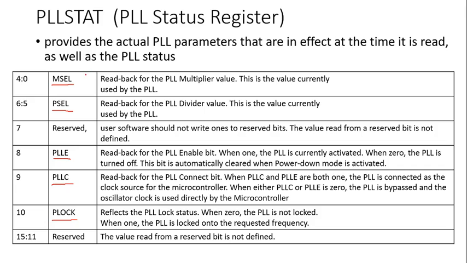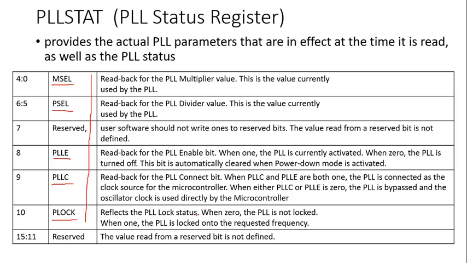If you want to read the current status of the PLL, you can use the status register. It will read the value of the PLL multiplier, the PLL divider, the PLL enable bit, the PLL connect bit, and it will reflect the PLL lock status. So these 5 things are given by the status register.